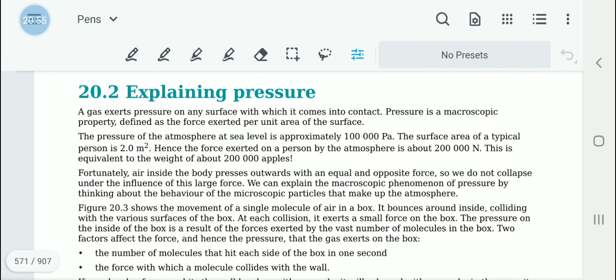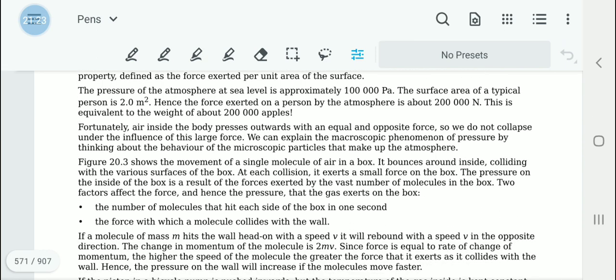When the pressure of a gas is increased, two factors come together to increase the pressure.